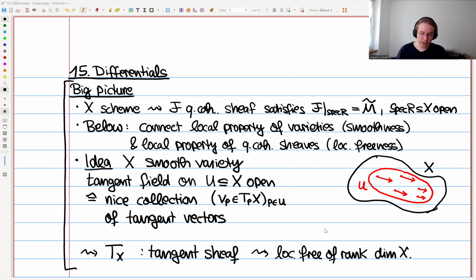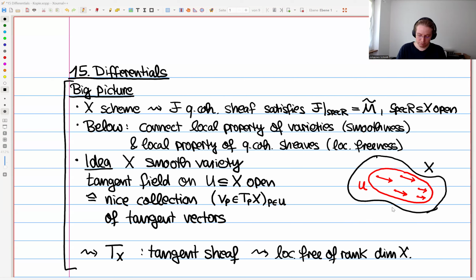And this should give us a nice sheaf of modules on X, because we can take a vector field and also multiply it with a function, getting a new vector field. So there should be an underlying O_X-module, which we can call the tangent sheaf. And the idea here is that locally around each point, X looks pretty similar.